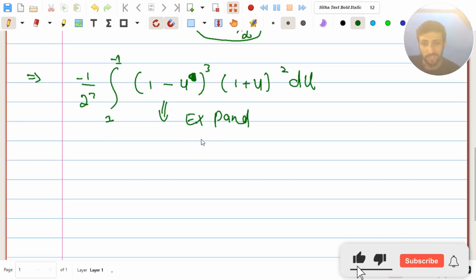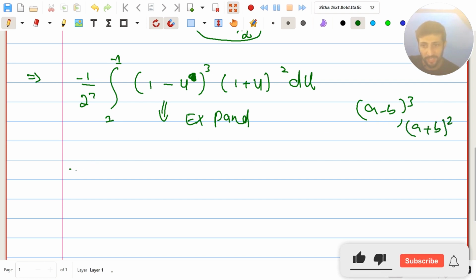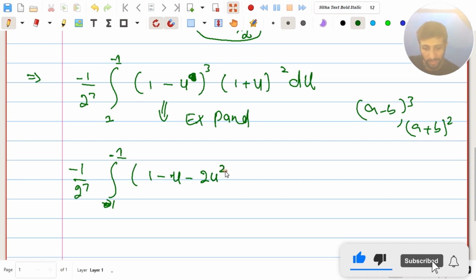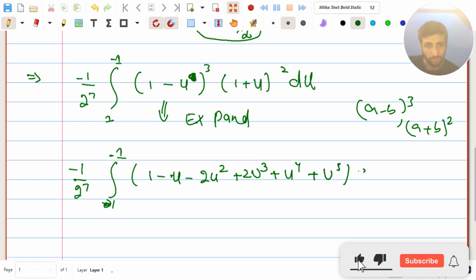If you expand, you will get minus (1 over 2) to the power 7 times the integral from 1 to minus 1 of (1 minus u minus 2u squared plus 2u cubed plus u to the power 4 plus u to the power 5) du.